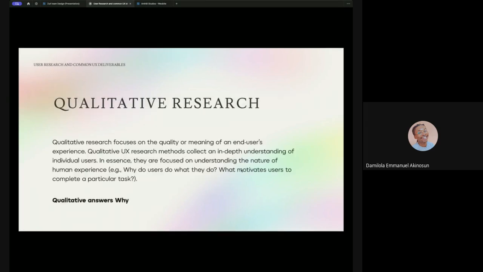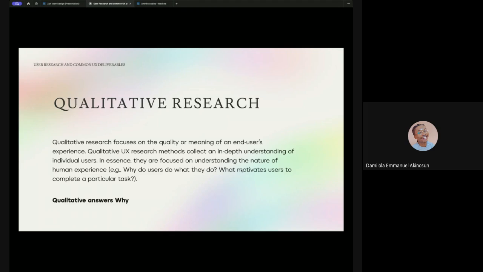Now, let's talk about qualitative research. Qualitative research focuses on the quality or meaning of an end user's experience. Like I said a few moments ago, it focuses on the quality, right? So with the qualitative research method, you can collect an in-depth understanding of individual users, right?